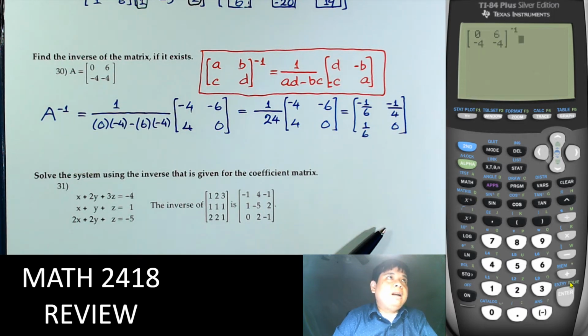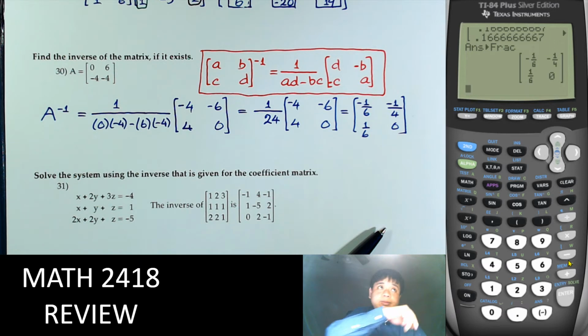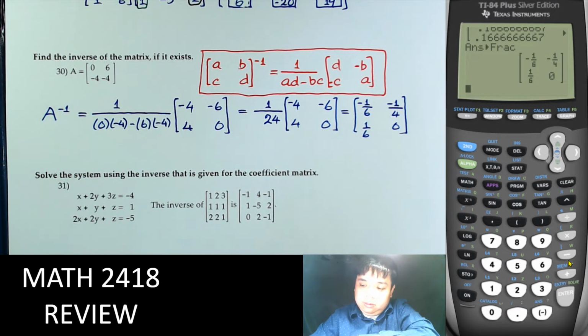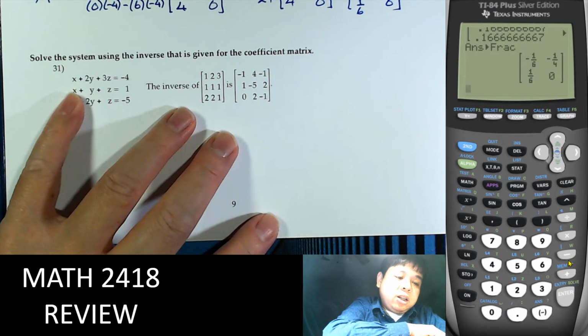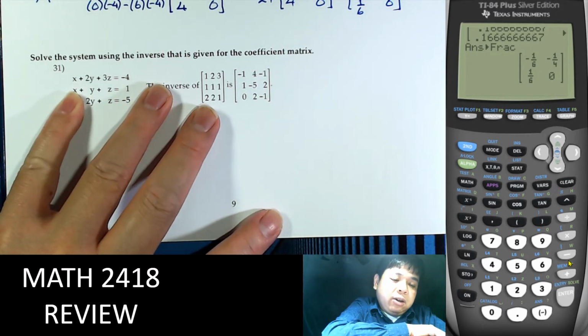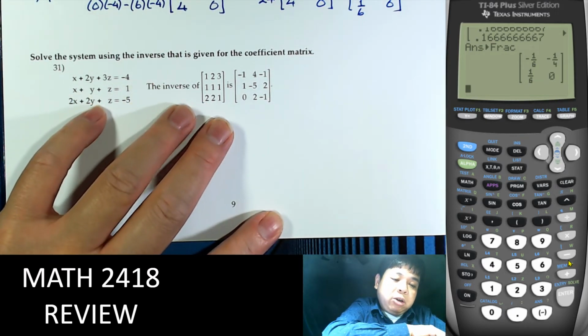And the inverse is that button. Convert this to fraction. So that's what we have. Now show the system using the inverse that is given for the coefficient matrix.